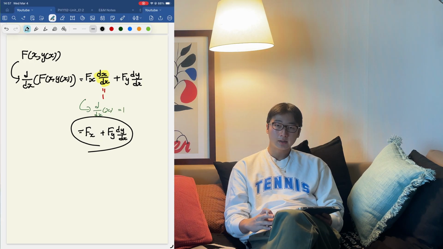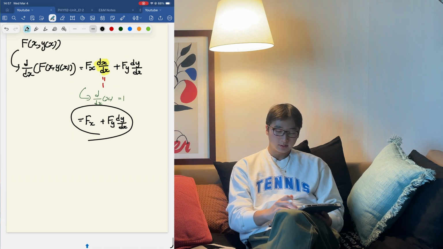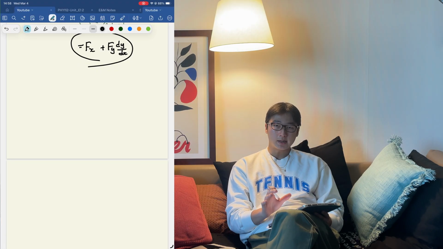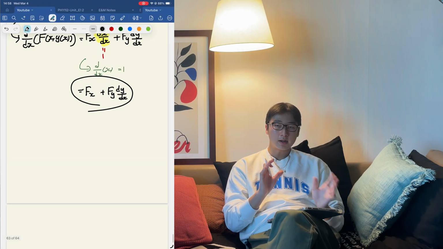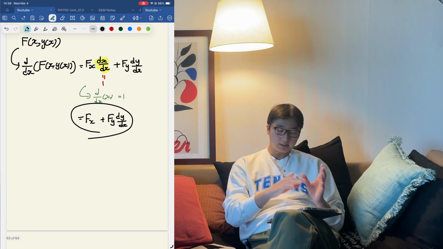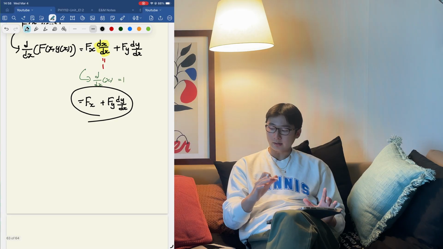Do you see something? We're almost there. And do you see where we are heading to? So we want to find dy dx, right? We want to find what dy dx is in this equation. And we got dy dx, but just not isolated.